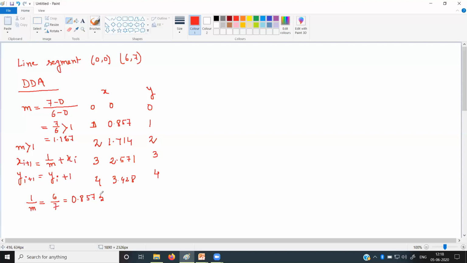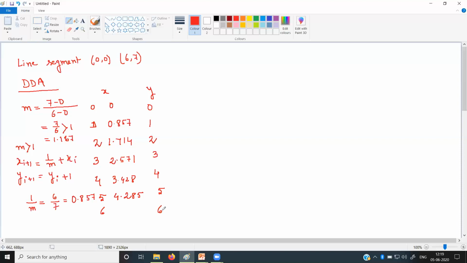In the next iteration, the y value will be 5. Again I have to add 0.857 with the previous x value. So it will now become 4.285. Okay. Now, in the next iteration, 5 will become 6.